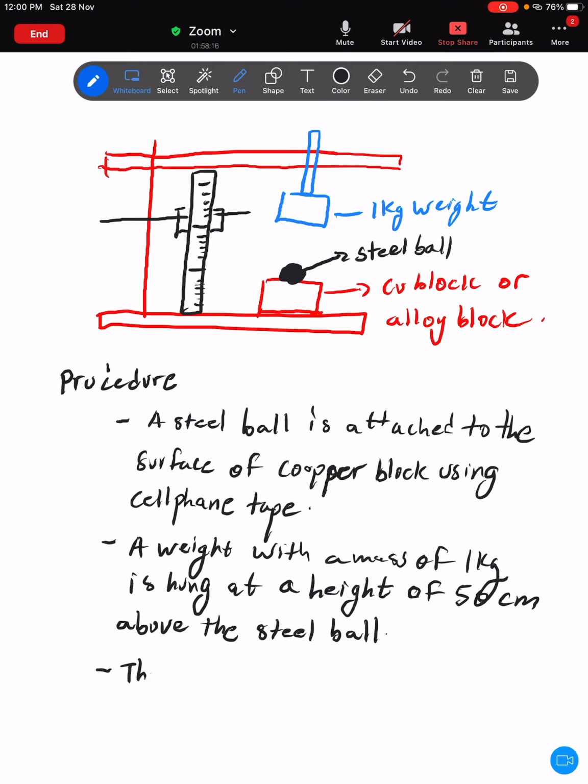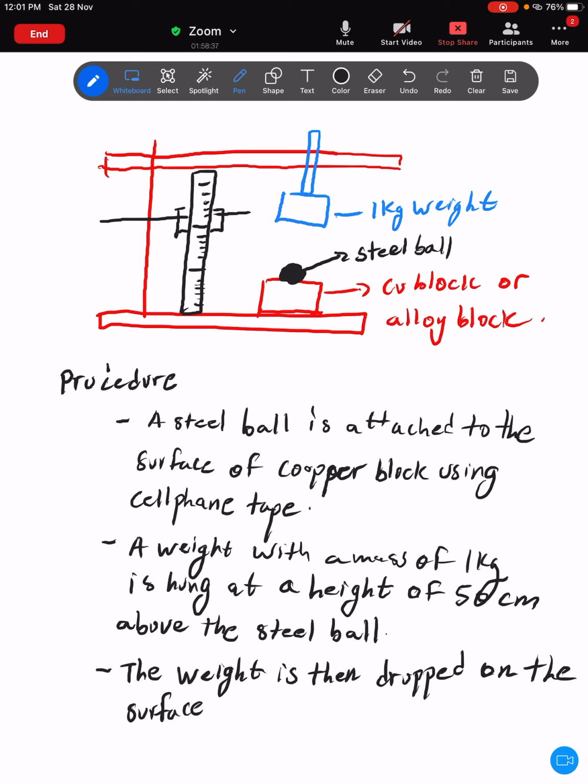Then the weight is then dropped on the surface of the copper block.